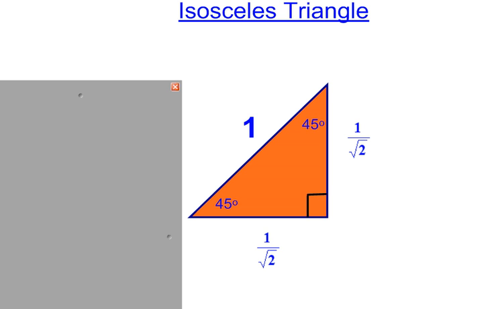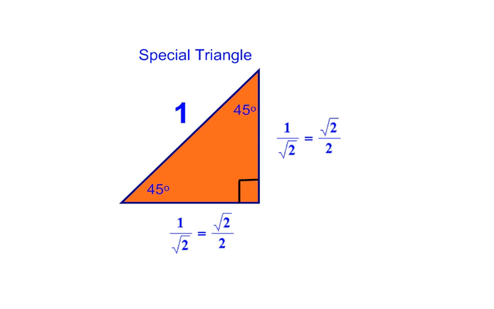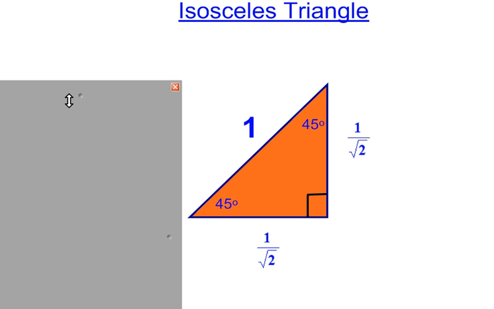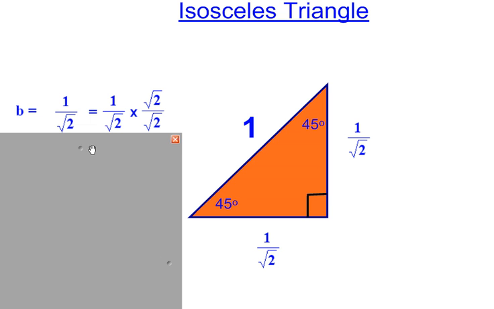Sometimes you see it differently, looking something like square root of 2 over 2 instead of 1 over square root of 2. It's the same thing. If I have 1 over square root of 2, I can multiply by square root of 2 over square root of 2. I'm just multiplying by 1, so it doesn't change the value.